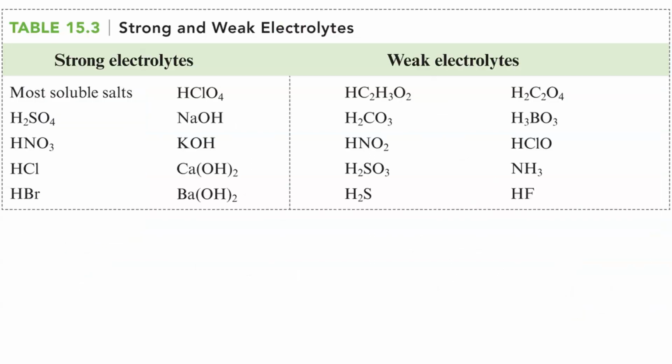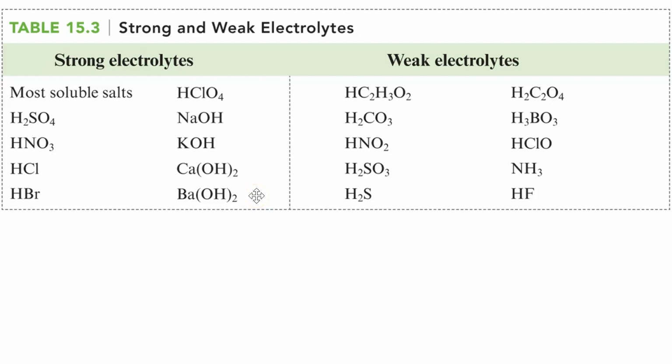Here's a table summarizing strong and weak electrolytes. Strong electrolytes include most soluble ionic compounds, sulfuric acid, nitric acid, hydrochloric acid, hydrobromic acid, perchloric acid, and then the strong bases: sodium hydroxide, potassium hydroxide, calcium hydroxide, and barium hydroxide.